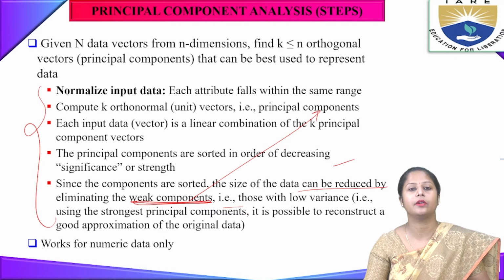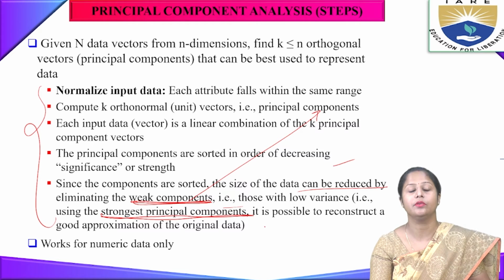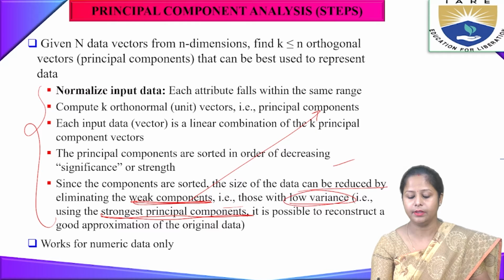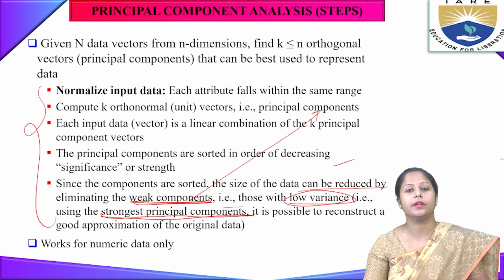Which components are of low variance? Using the strongest principal components, we have to remove that type of low variance component, and it is then possible to reconstruct a good approximation of the original data. This works for numeric data only.